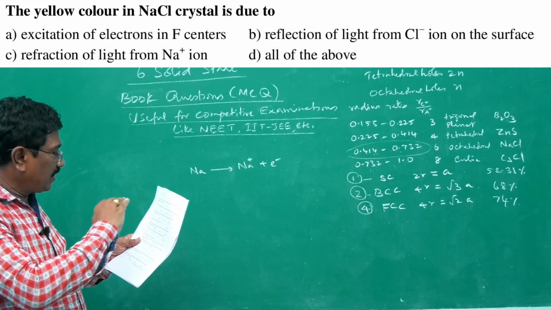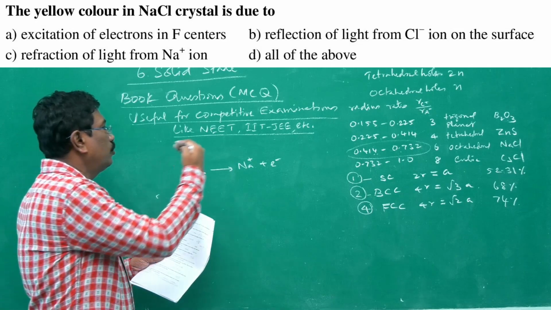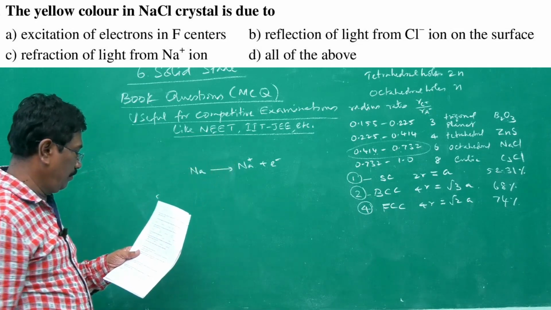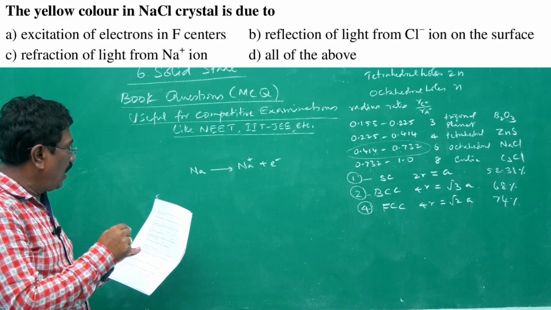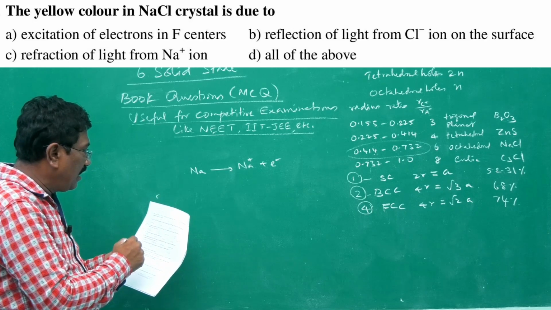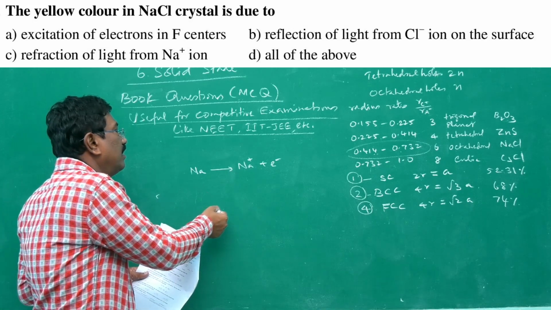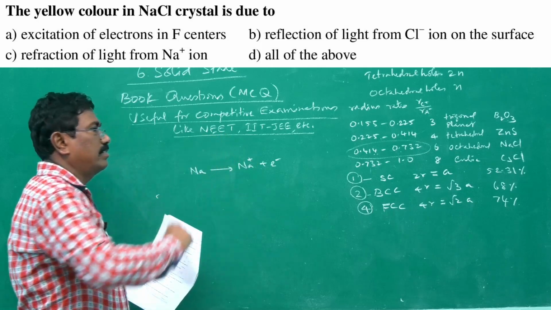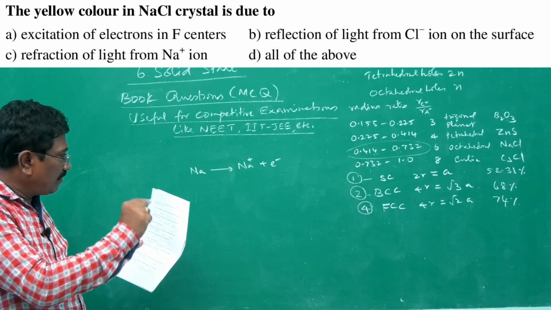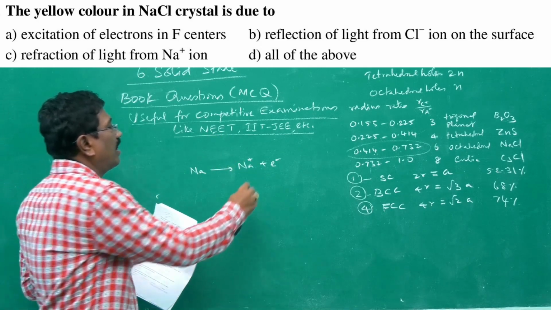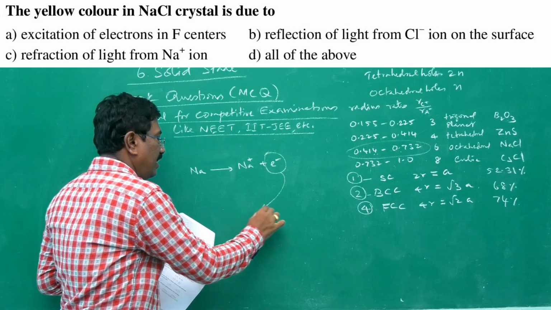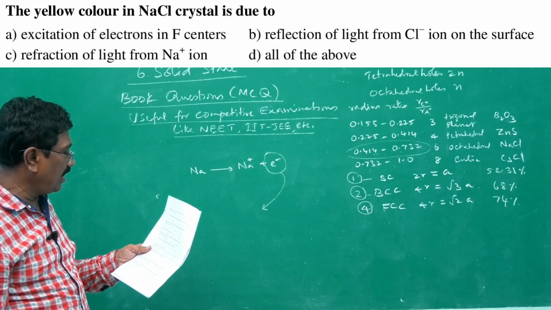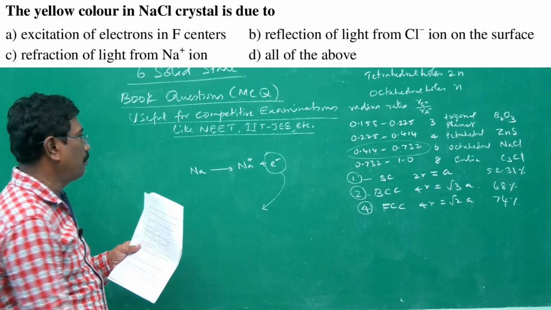So on the surface of the sodium chloride crystal, those sodium ions will be found. And the chloride ions which are present in the crystal lattice leave from their site and go nearer to Na plus. Because of that, a vacancy is created. In that vacancy, electrons enter in. So excitation of electron in the F center takes place.